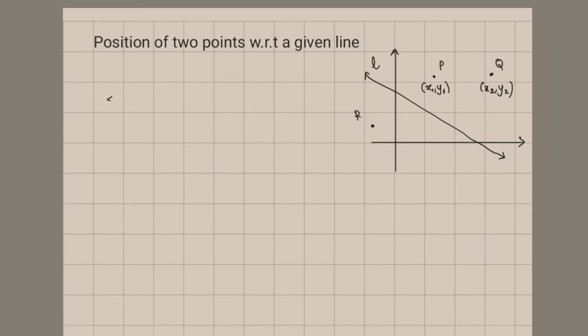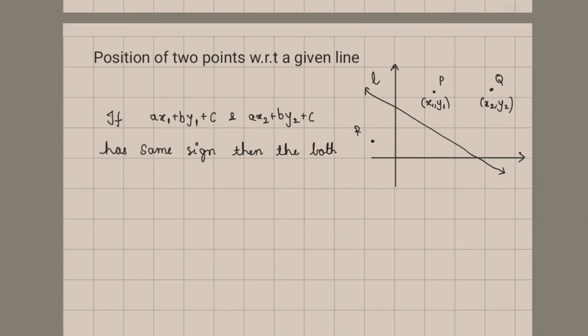We can say if ax1 plus by1 plus c and ax2 plus by2 plus c have the same sign, then both lie on the same side.